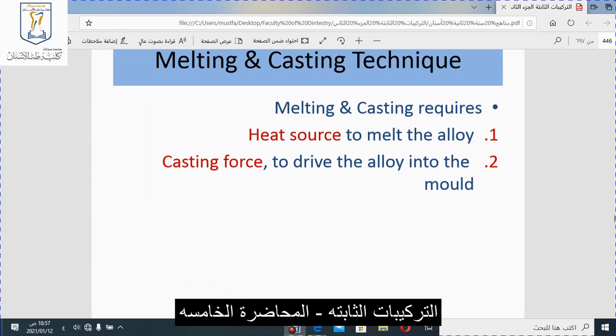Melting and casting technique. In melting, we have to melt after burnout. We put it into the burnout oven, and the temperature rise must be 10 degrees centigrade for each minute.